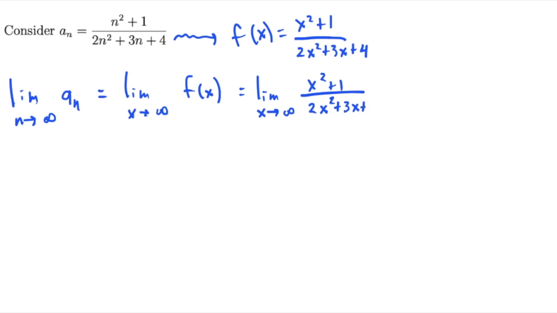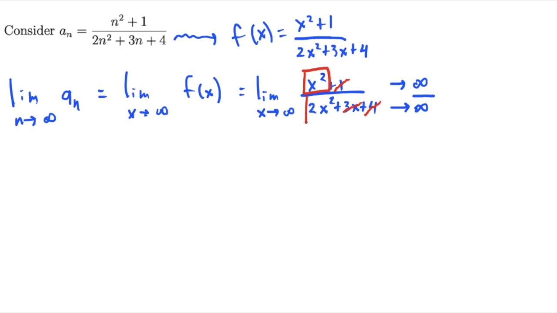So I'll have the limit as x grows without bound of x squared plus 1 over 2x squared plus 3x plus 4. And now looking at this limit, I've got a few tools from Calc 1 that I can utilize to evaluate this limit. If you want, you can consider this as sort of a L'Hopital structure, since my numerator and my denominator are both growing without bound. As x grows without bound, you could similarly kind of neglect these not highest power terms and focus solely on the highest power terms in the numerator and denominator.